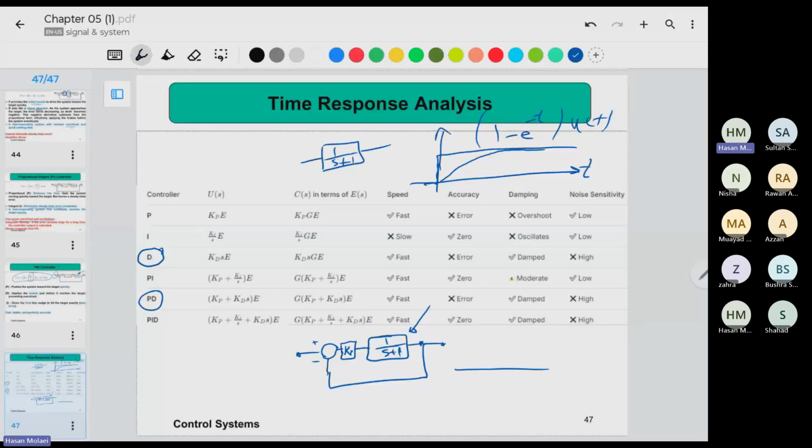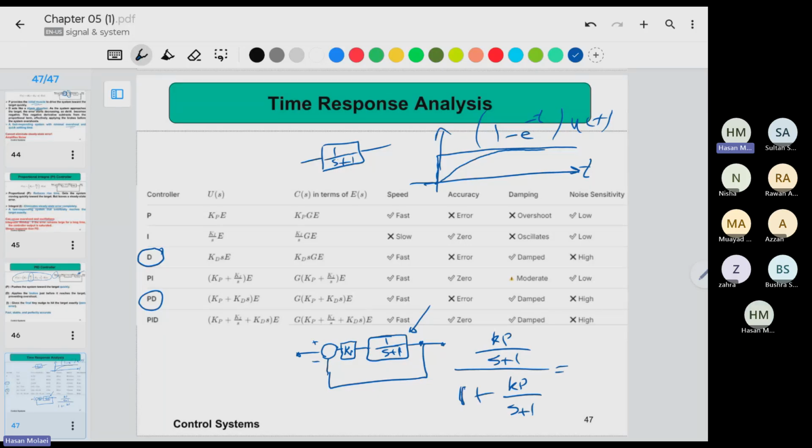No, I mean in the S domain. In the S domain, I mean the closed loop function is how? KP over S plus 1 plus 1, divided by KP over S plus 1, right?